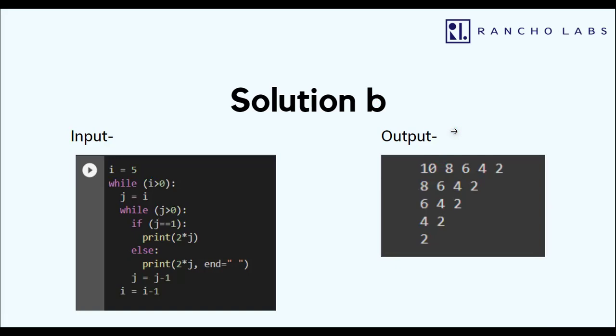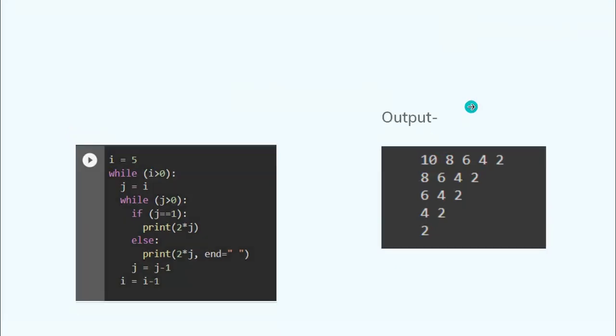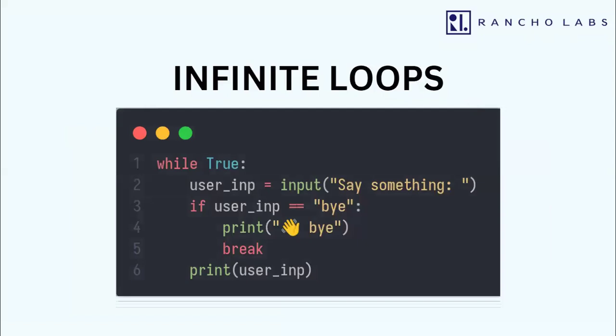Can I go to the next concept, guys? Yes, ma'am. Now the next one is infinite loops. You see infinite loops when you go to chatbots on some websites. They give us answers whenever we ask queries, until we say bye, and then they stop providing answers.